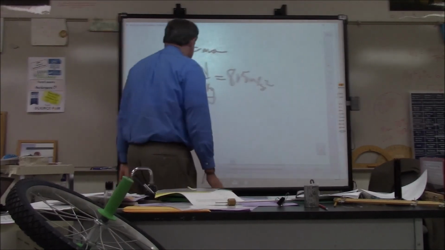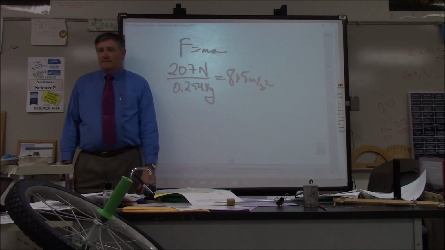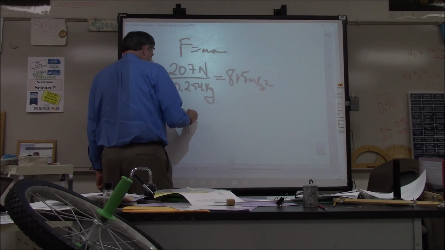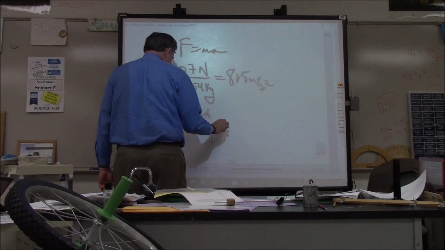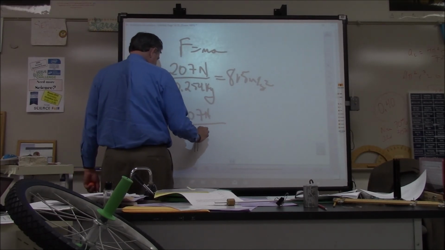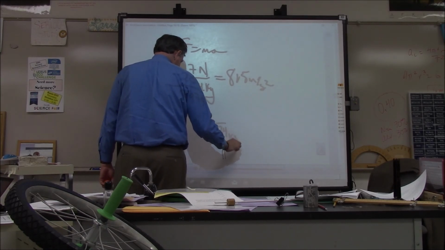Can I find the acceleration of the Earth? You know the force exerted on the Earth, which is going to be negative 207 newtons. Mass of the Earth, 5.979 times 10 to the 24th kilograms.